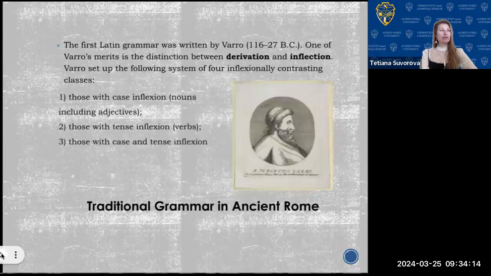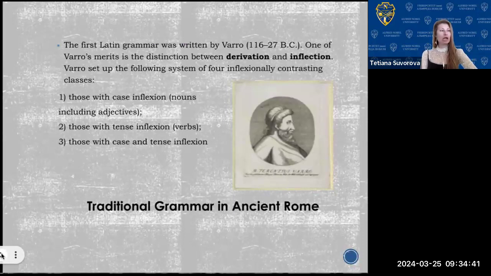Then the first grammar that was written in Latin was proposed by Varro, and what is interesting is the distinction he offered, the distinction between derivation and inflection, that was very important for the general description and vision of the structure of the language, and of the grammar at those times.